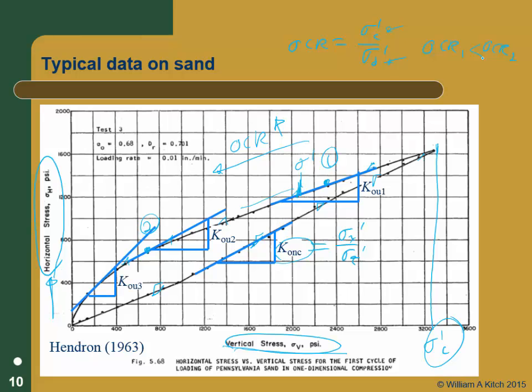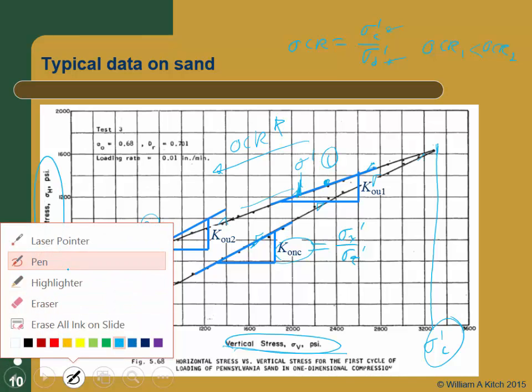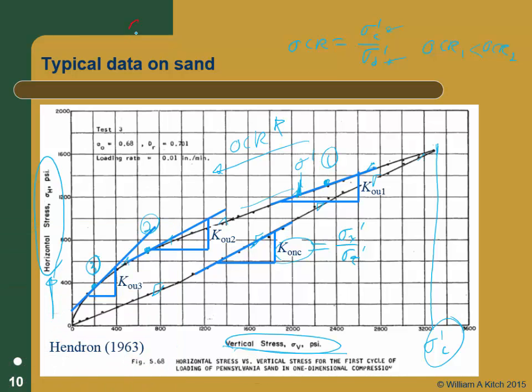And if I go to a third point, point 3, I get an even higher OCR, and I've got an even higher K. So as the OCR goes up, what happens to K? Sorry, this is going to be K naught unloading.